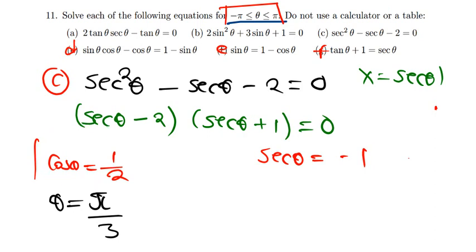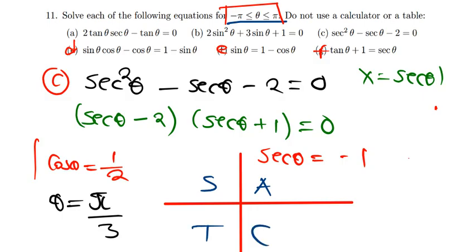Now we have to look at the entire range, which is all the way from negative pi to pi. So let's look at our quadrants. All Students Take Calculus. This is 0, this is pi, of course, stroke negative pi. Where is cosine positive? It's positive in the first and in the fourth quadrant.